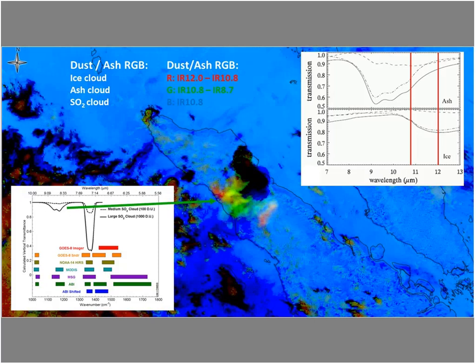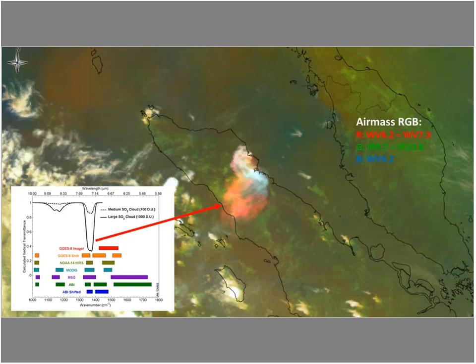Good thing is that not only dust and ash RGB see the SO2 cloud, but also the RGB that we use very often when we are in shifts, at least here in Croatia, because air mass RGB shows us where the air masses are, and what the characteristics of air masses are above certain places.